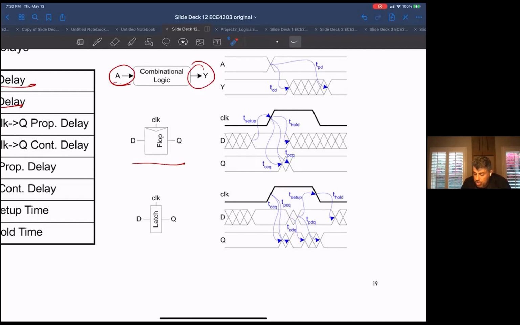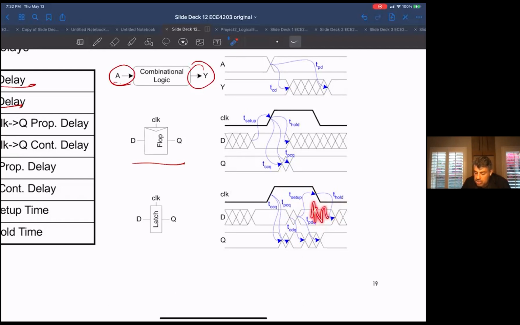Furthermore, your data has to stop transitioning a certain amount of time before the latch closes. So the data has to be stable a certain amount of time before the latch closes, and that's called the setup. And it shouldn't change after the latch closes down, and that's called the hold time.